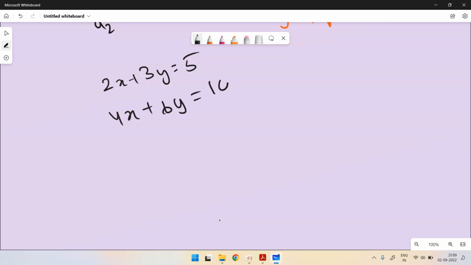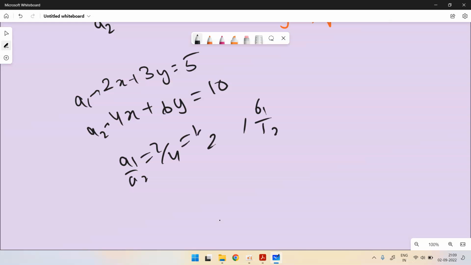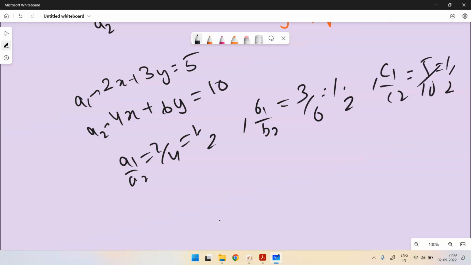So a1 by a2 equals 2 by 4 equals 1 by 2. And b1 by b2 equals 3 by 6 equals 1 by 2. And c1 by c2 is nothing but 5 by 10, that is also 1 by 2.